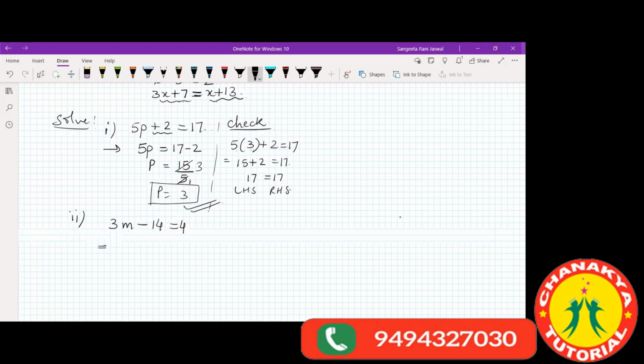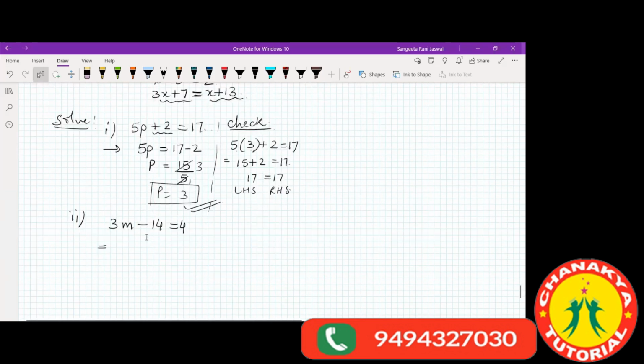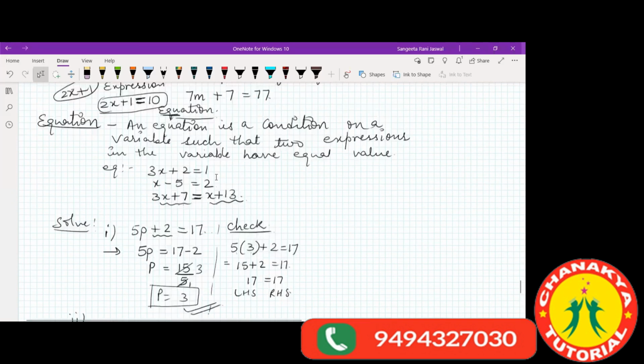Okay. Where were you, Sudarshan? I was calling out to you. Please write down fast. We'll do the next question. By the time, other children, please note down 3m minus 14 equals 4. You can do the sum by the time Sudarshan writes the equation.